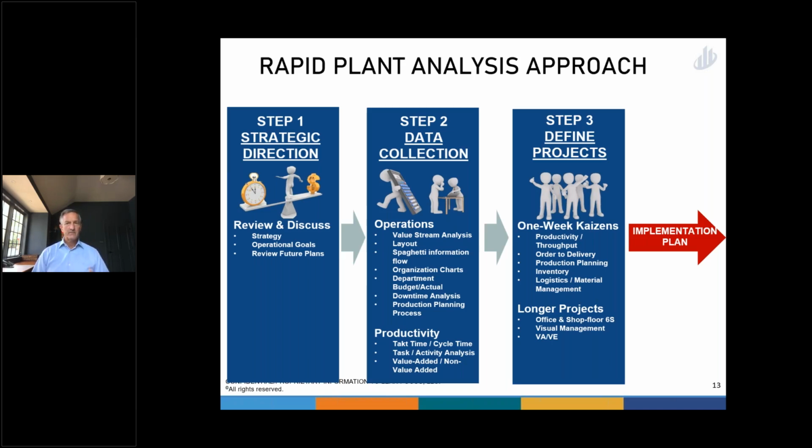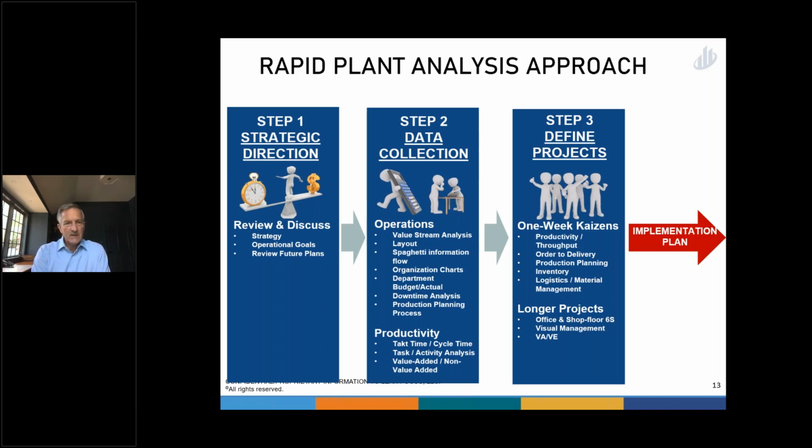So we do some pre-work with some data collection, but this is really the Gemba, the Japanese term for where the real work is done. It's the observations of looking at the value streams, doing spaghetti diagrams, looking at organization charts, downtime analysis, a variety of things, as well as productivity, takt time compared to cycle time, across operations to identify bottlenecks or potential waste opportunities that can be reviewed, and always looking for value-added versus non-value-added activities.